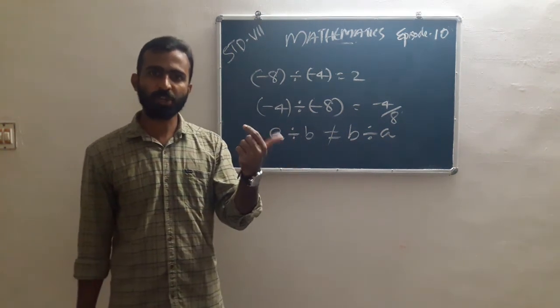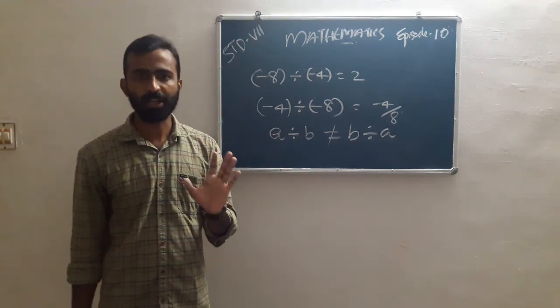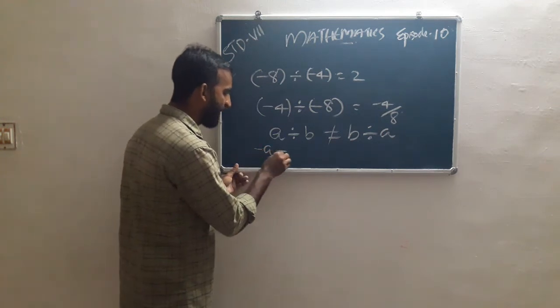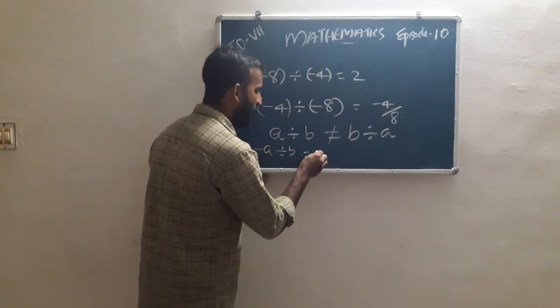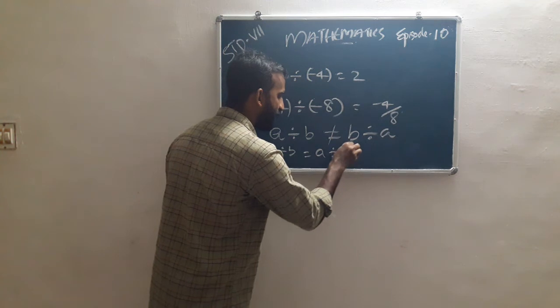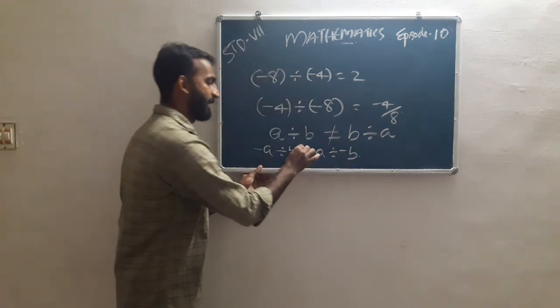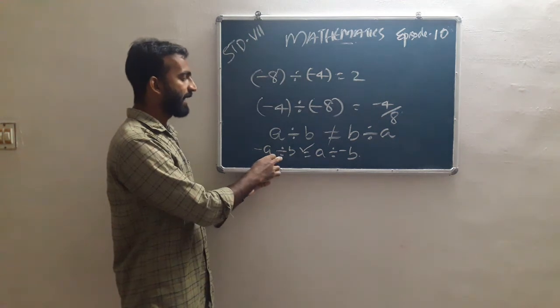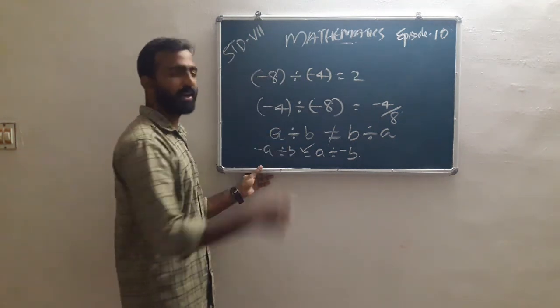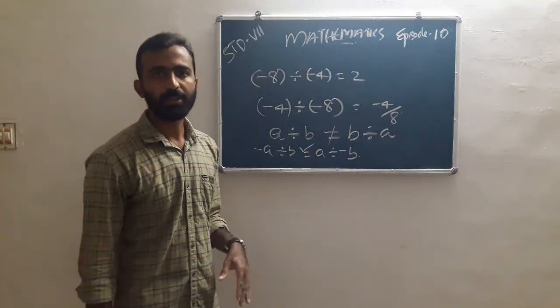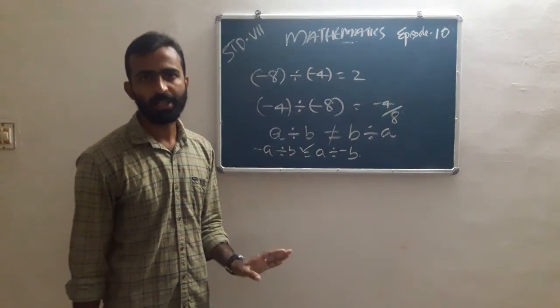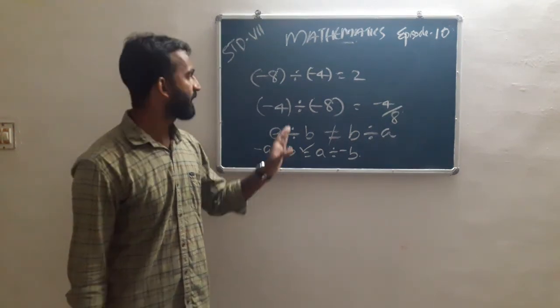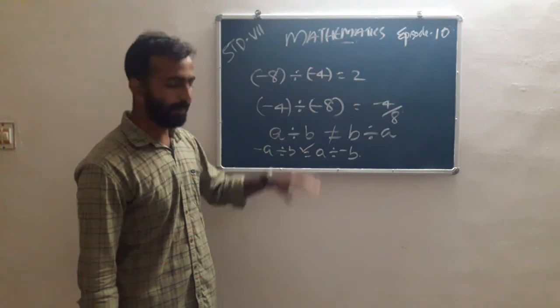When we change the position of the sign, they are equal. That is, negative A divided by B equals A divided by negative B. And here is the property.